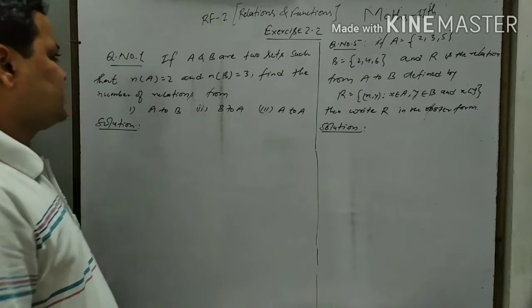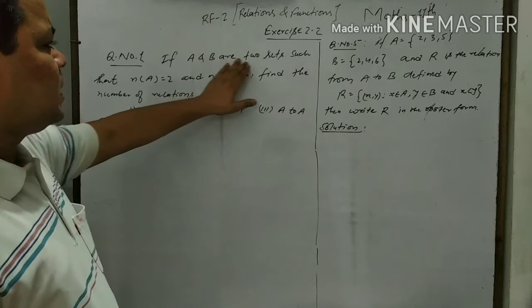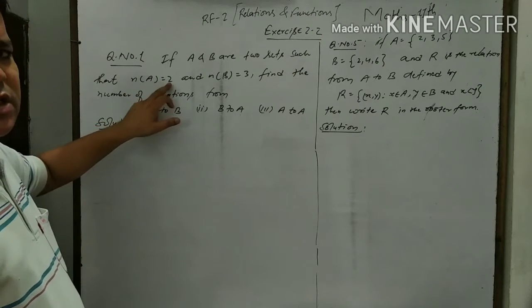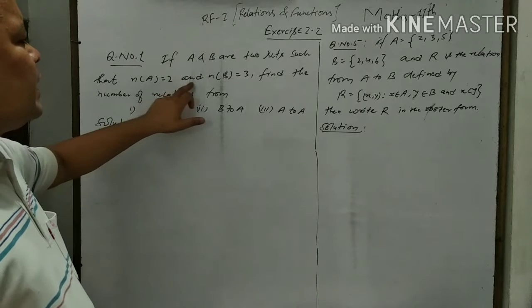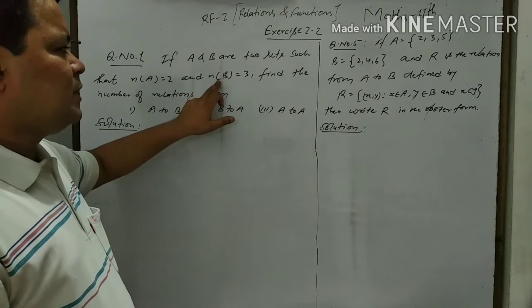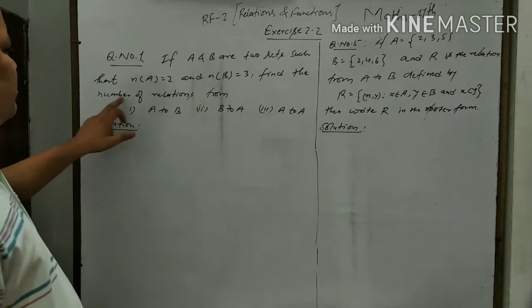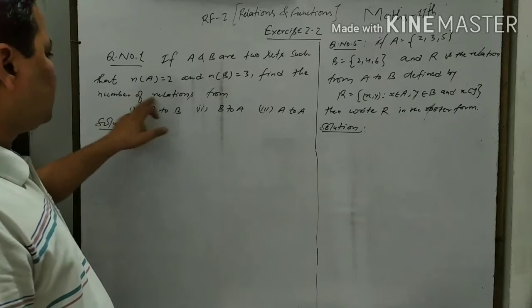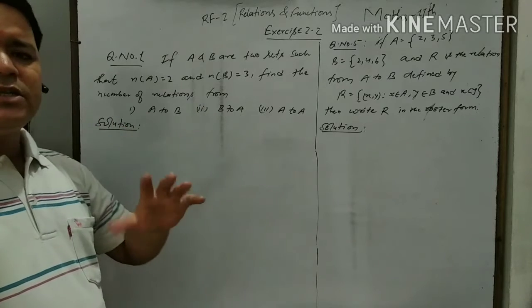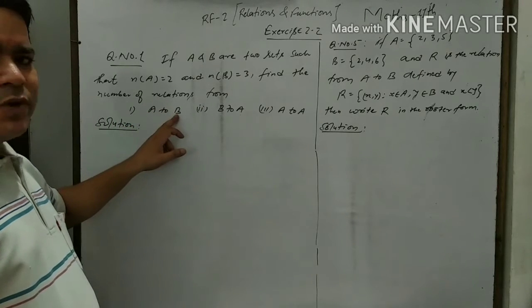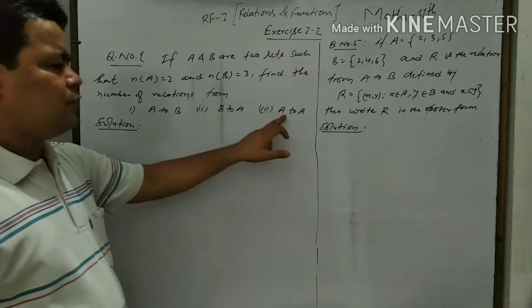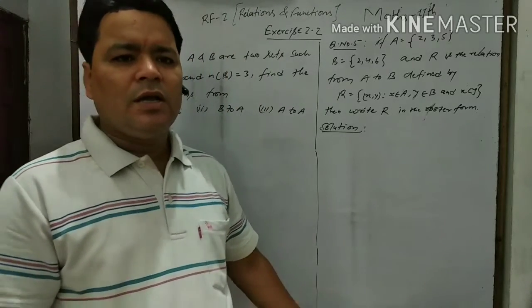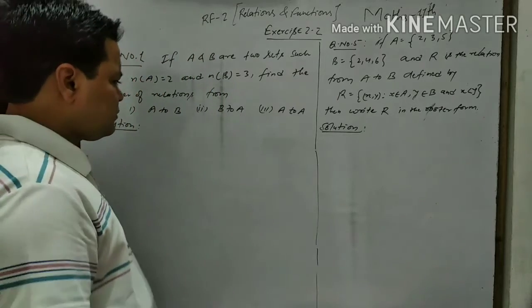The first question of this exercise is: if A and B are two sets such that cardinal number of A is equal to 2, which means the number of elements in this set is 2, and the cardinal number of B is equal to 3, which means the number of elements in this set is 3, then we have to find the number of relations from A to B, B to A, and A to A. Here, the number of relations means we have to find the Cartesian product A cross B, B cross A, and A cross A. But before starting the solution of this question, let us think something about the number of subsets.